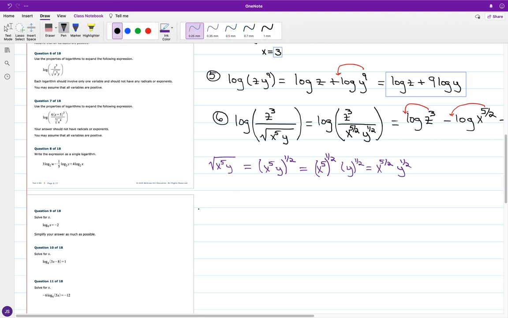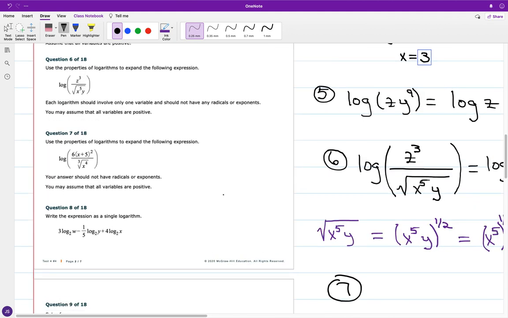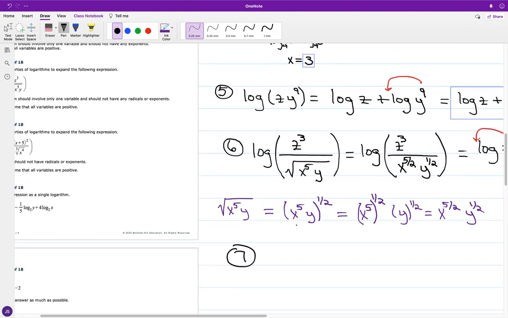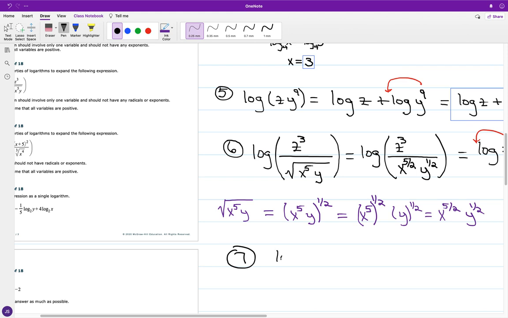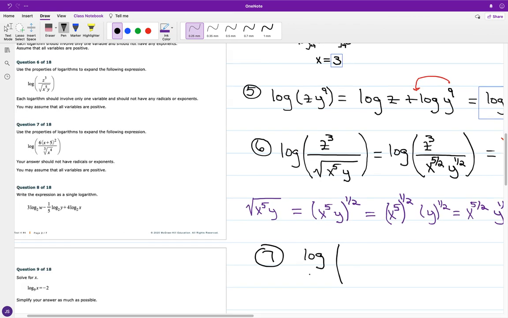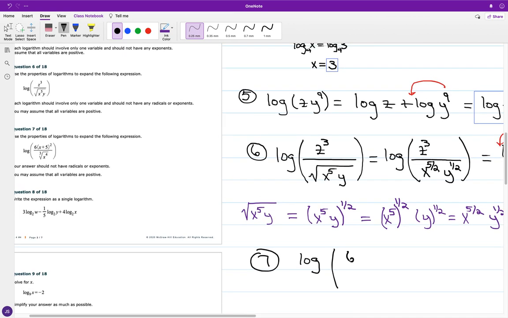Now, for what we have in the case of item number 7, we have another expansion case. You have the base 10 logarithm of 6 times the square of x plus 5, all over the cubic root of x to the 4th.